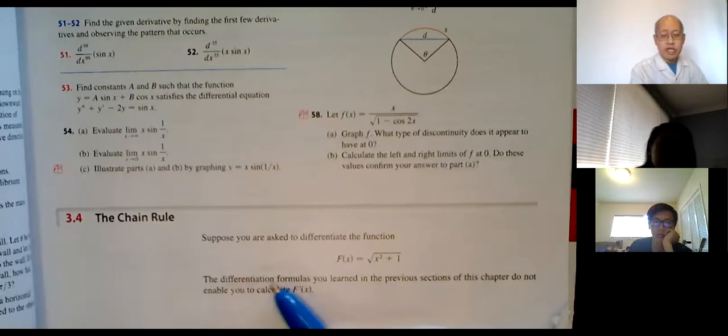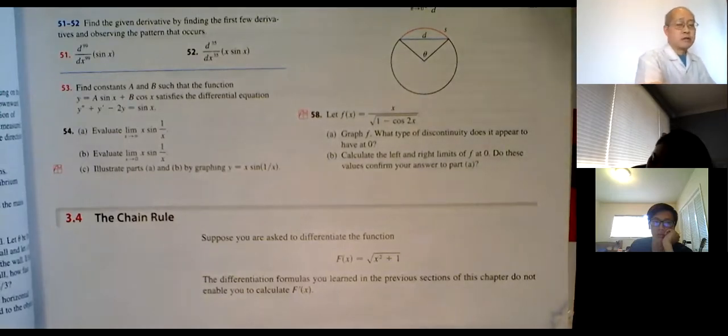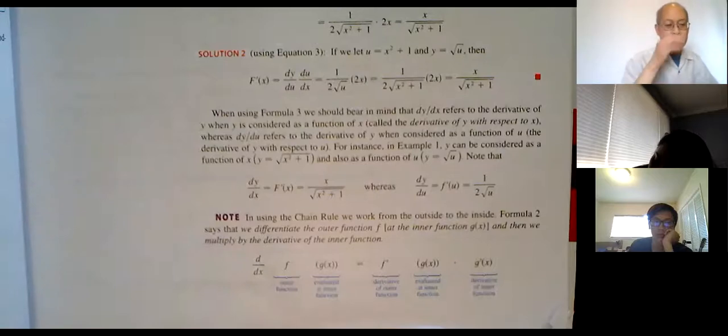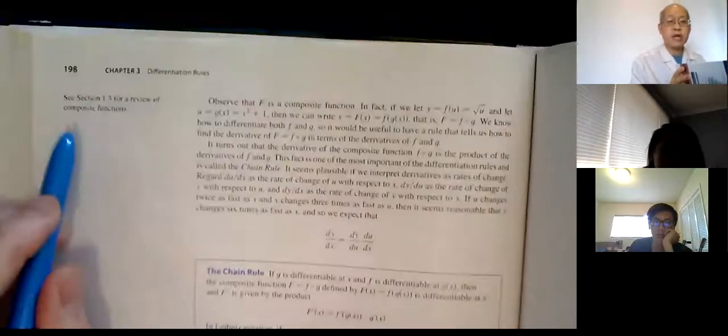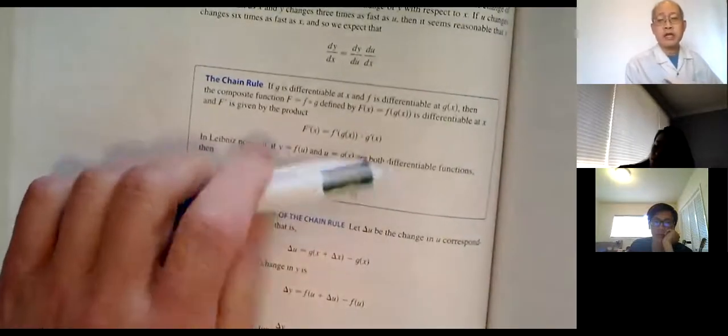Again, what is differentiation? It's the process of taking the derivative. We won't prove this theorem, we'll just state it. I will give you a plausibility argument, though, and it's based on the Leibniz notation. On page 198, the chain rule, we want to differentiate a composition like f of g of x.